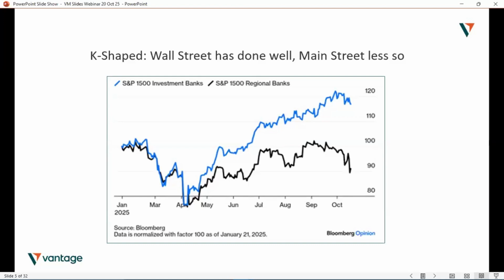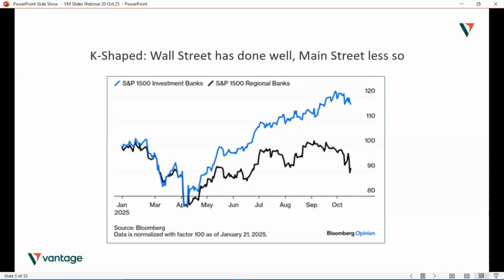This keeps rates under control and eggs on the stock market, if you like, but potentially increases these differences between Wall Street, big investment banks doing well, but then on the chart you can see the black line, the regional banks in the US not doing so well. So it's this idea of Wall Street versus Main Street. Wall Street doing well, of course, Main Street not doing as well.